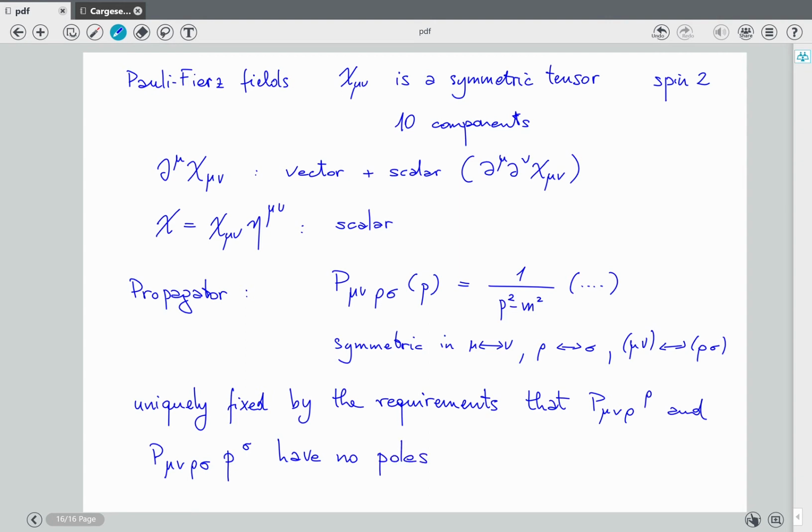That is the requirement. So I will just give you the answer and check that it satisfies the requirement, because it is a bit long to do the other way around. But it is possible to reach it by following the recipe that I just gave you.